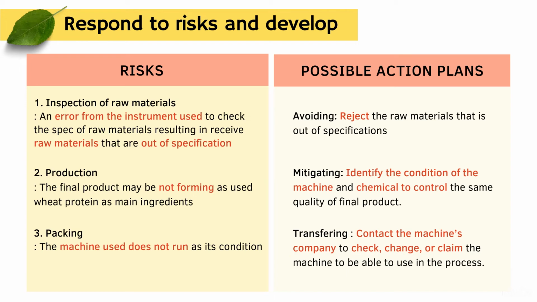The second is mitigating by identifying and fixing the conditions and chemicals to control the process so it can go through to the next step. Third is transferring, by contacting the machine's company to check, change, or claim the machine that has some problems, and this action plan needs to communicate with the machine's company about the agreement.